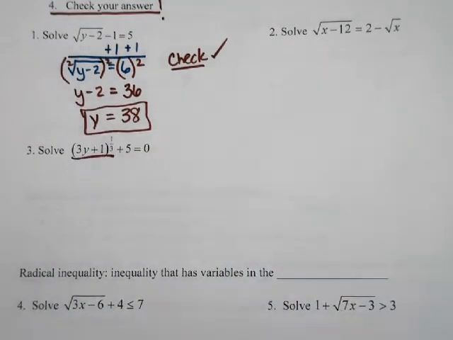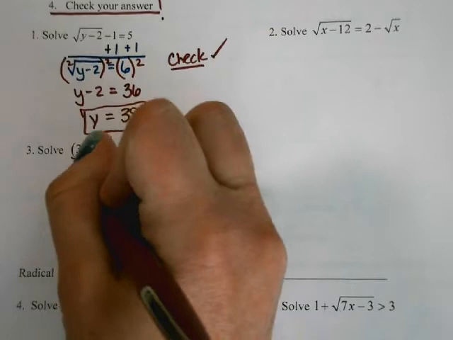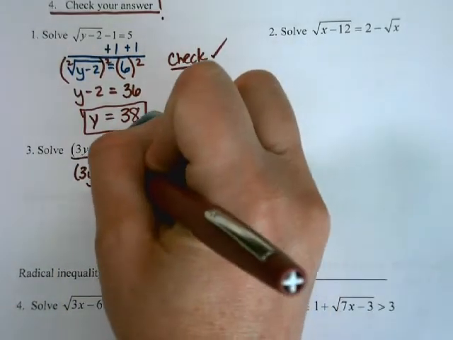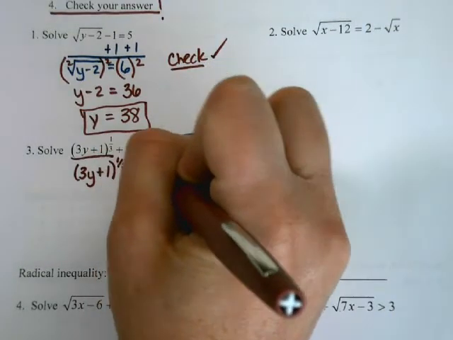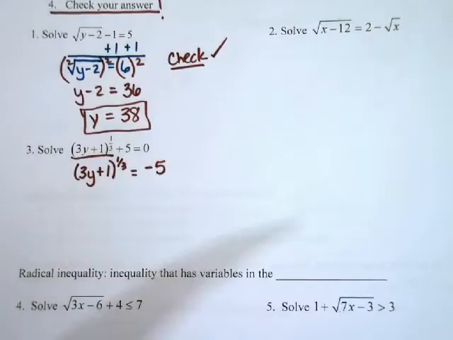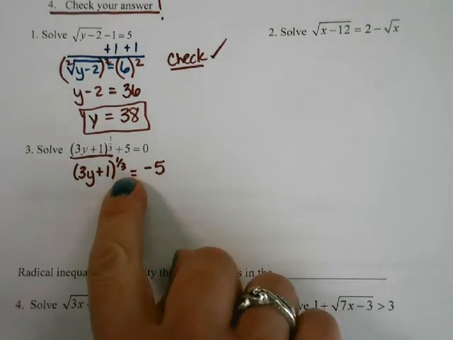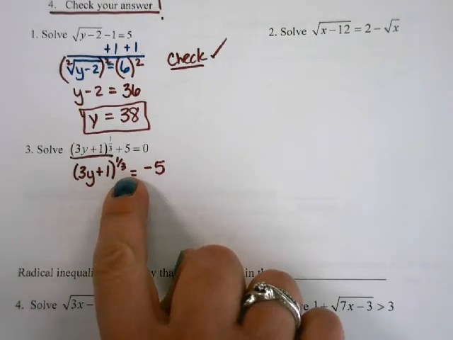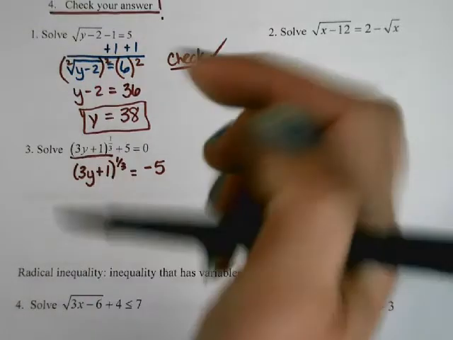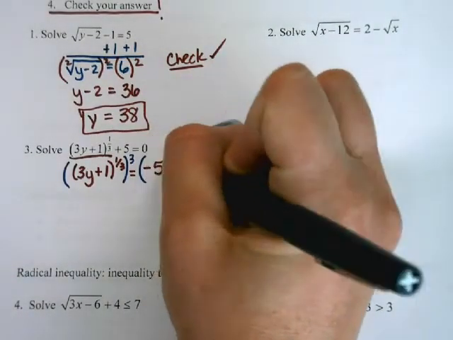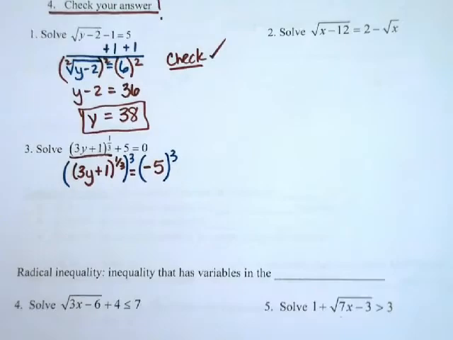So let's move the 5 to the other side. So I have 3y plus 1 all to the 1/3 power equals a negative 5. Okay, so we just decided the denominator was the index. I'm going to raise both sides of my equation then to the 3rd power.